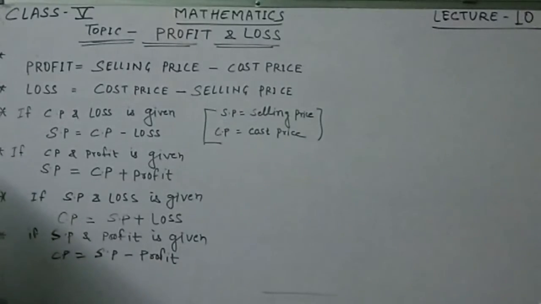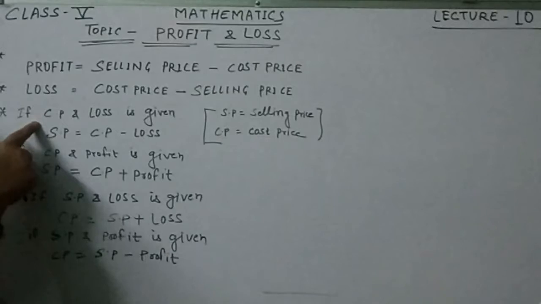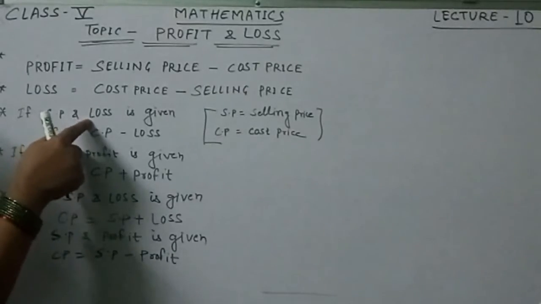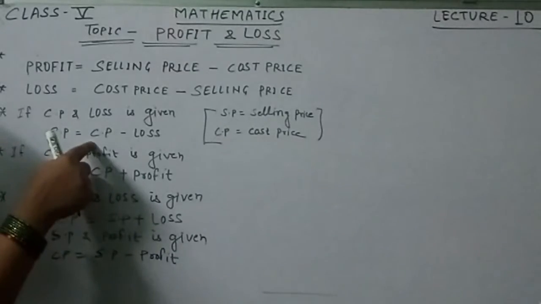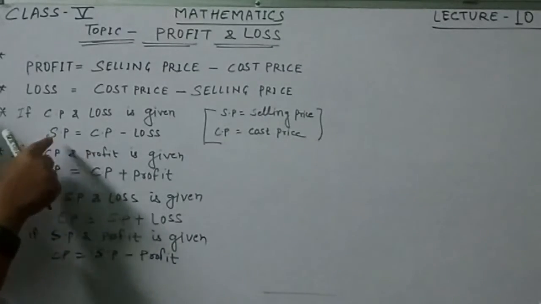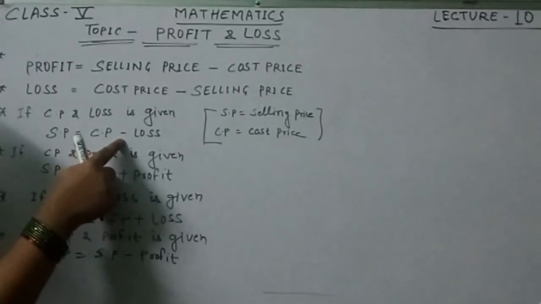Students, always remember what is given in the question. According to that only, you use the formula for selling price or cost price. If the cost price and loss are given, then the selling price is equal to cost price minus loss.